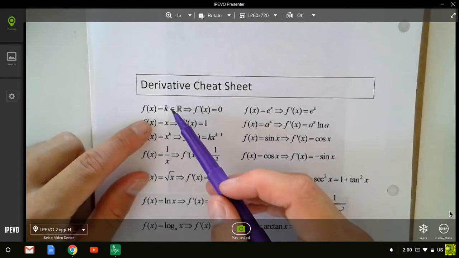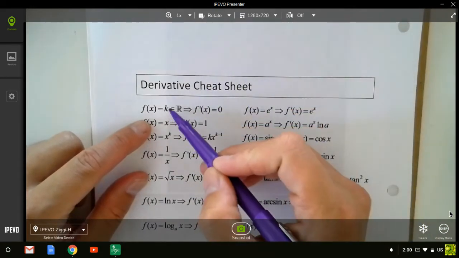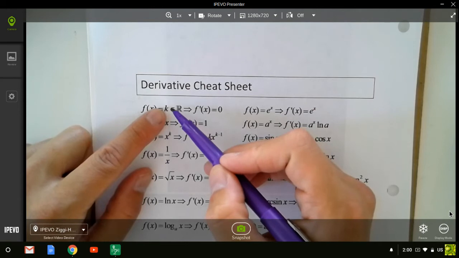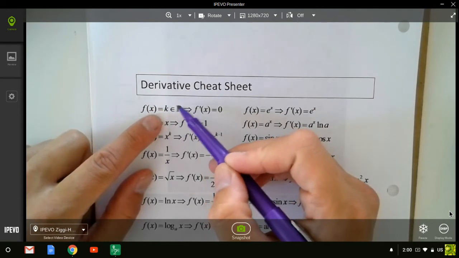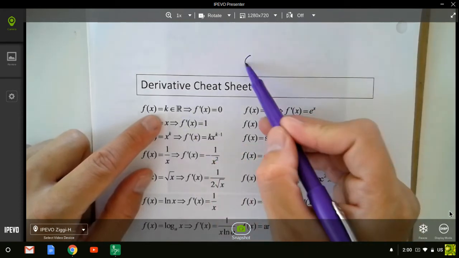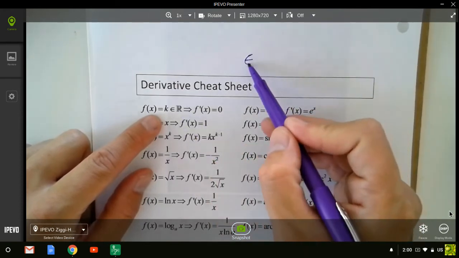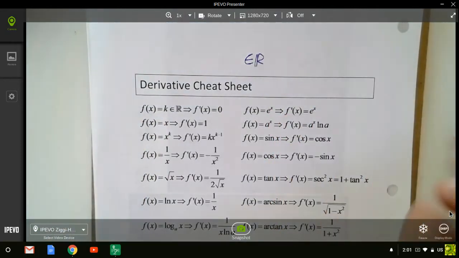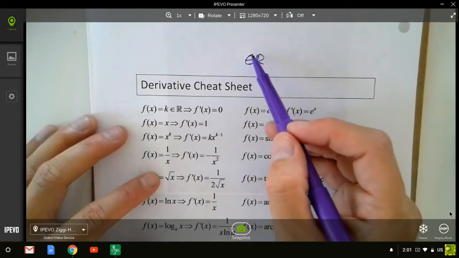That just means you could replace k with any real number. It's not an e, but it's a notation in math saying we're talking about any number within this set. It goes a little bit into upper level math about talking about sets of numbers.